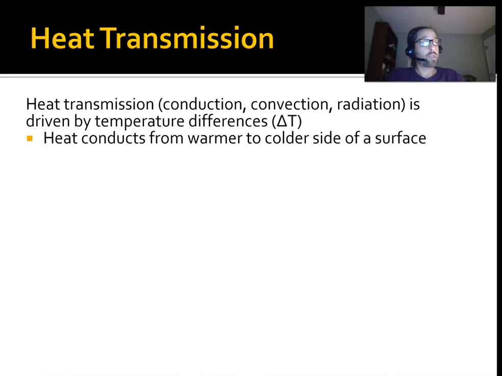So if it's colder inside than it is outside, that heat is going to flow from the outside to the inside. There's nothing you can do about that. Okay, that's the direction it's going to want to flow. If it's a lot warmer inside than it is outside, the heat is going to try to flow outside. And again, that's just the second law in action, and there's nothing you can do about it.